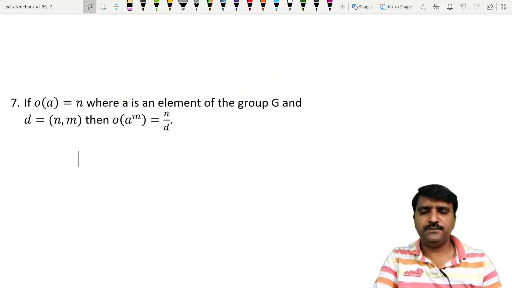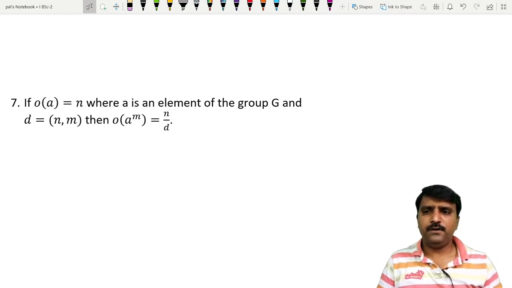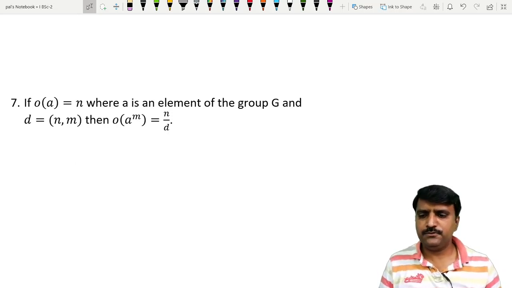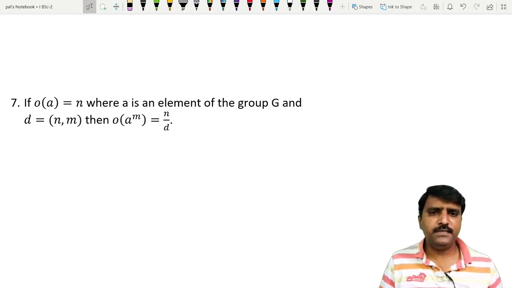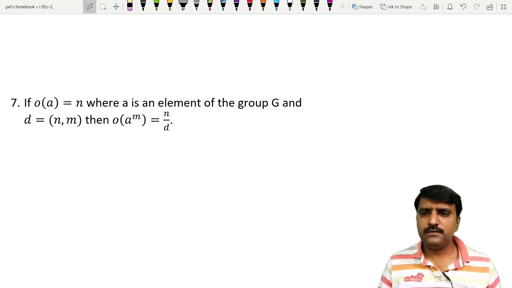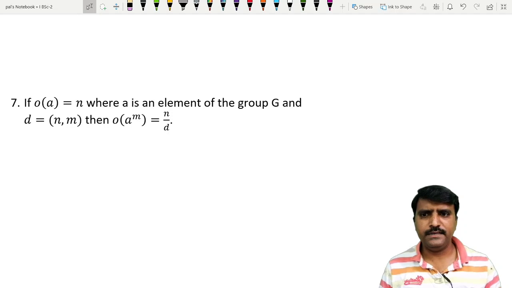One more property of the same type. If the order of a is equal to n, where a is an element of the group G, and m is another integer, and the GCD of m and n is d, then the order of a to the power of m is equal to n divided by d.